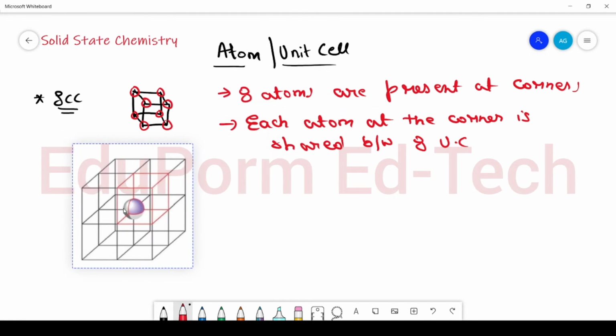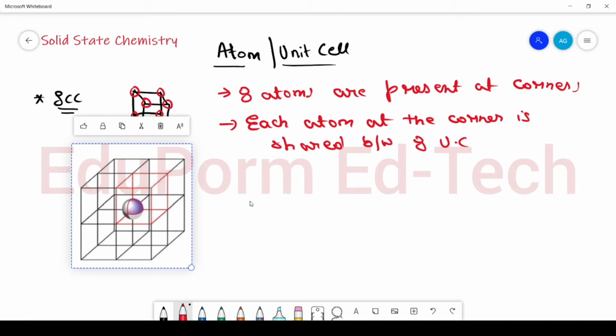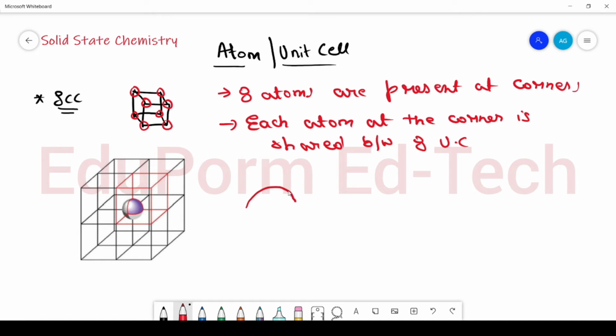So students, as you can see, for example, this is the upper part of the atom and this is the lower part of the atom. The upper part is divided into 4 different parts, whereas the lower part is also divided into 4 different parts, and each unit cell gets the 1/8th part of the lattice point, or we can say of the atom.